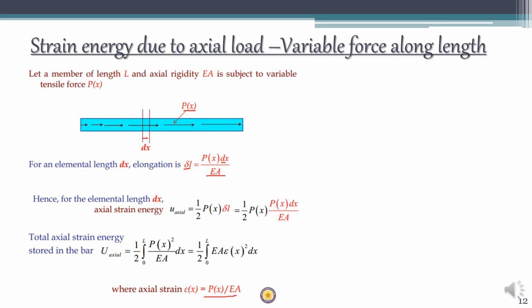Now in order to get the total strain energy, we have to integrate this elemental strain energy over the entire length 0 to L. So U is equal to half into integral 0 to L P of x square divided by EA multiplied by dx. If you substitute P of x as epsilon x multiplied by EA, we will get this expression as well.